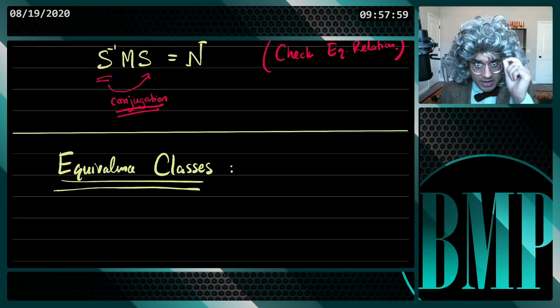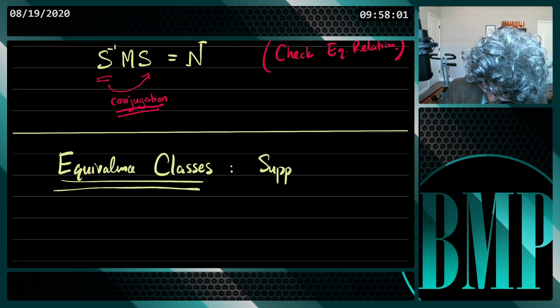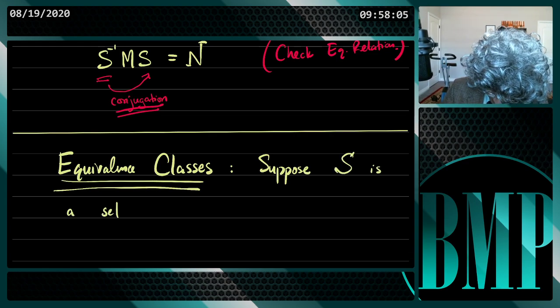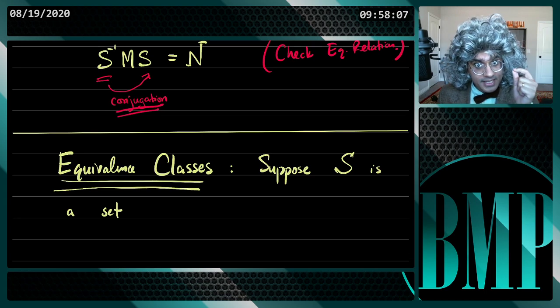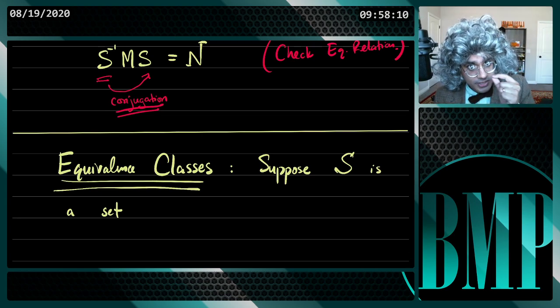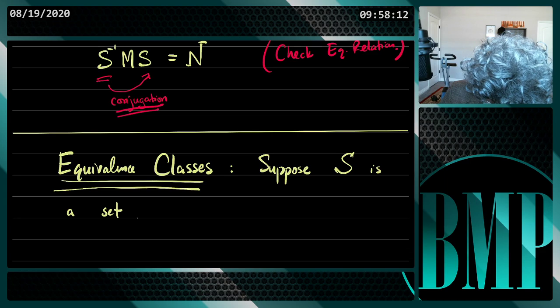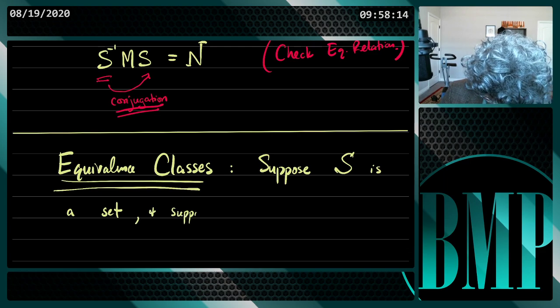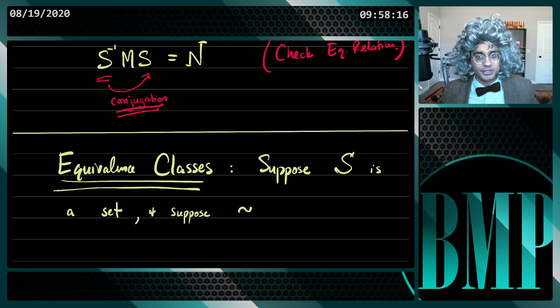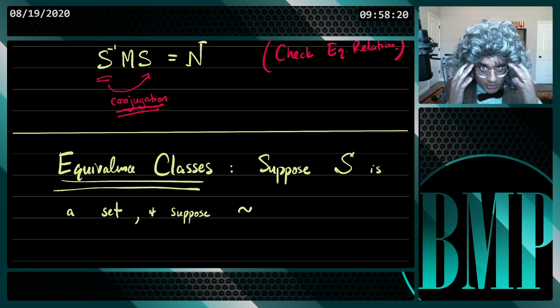Suppose you have a set S, and suppose it's been equipped with an equivalence relation. I'm just going to call it tilde, A tilde B, that's the symbol for it.